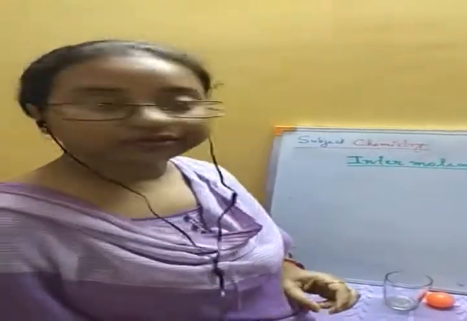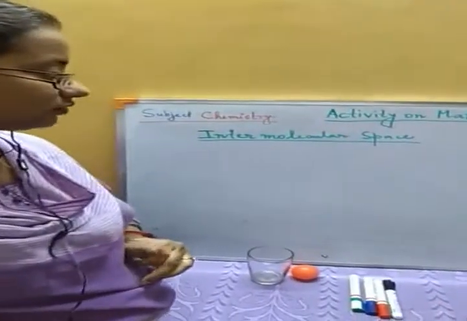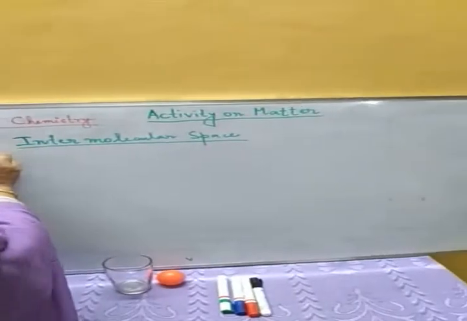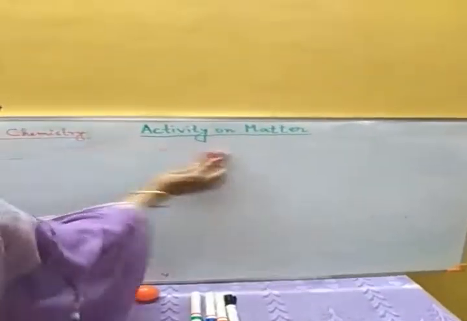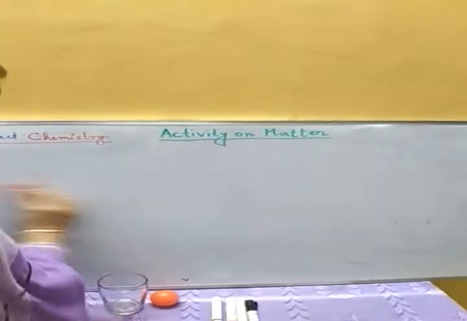So now we are going to do some activity on the shape of the three kinds of matter, the three states of matter.